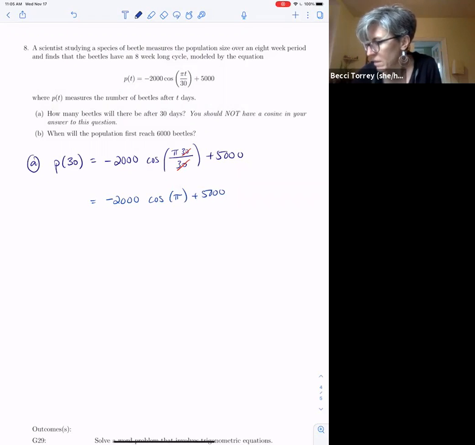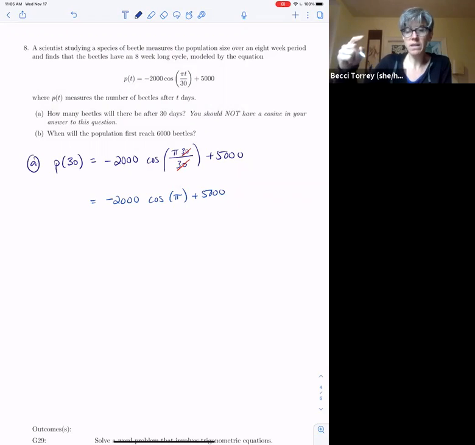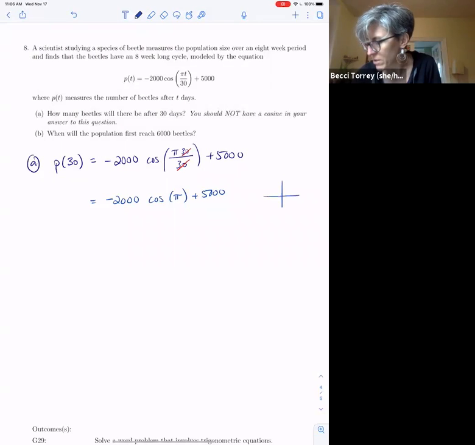And if you remember cosine of pi, so remember cosine is the x coordinate on the unit circle of the point corresponding to that angle. So if you think back to our unit circle, pi is rotating halfway around. So we're over here at this point, which is minus 1 comma 0. And cosine of this angle pi, a halfway rotation, is the x value, so that's minus 1.